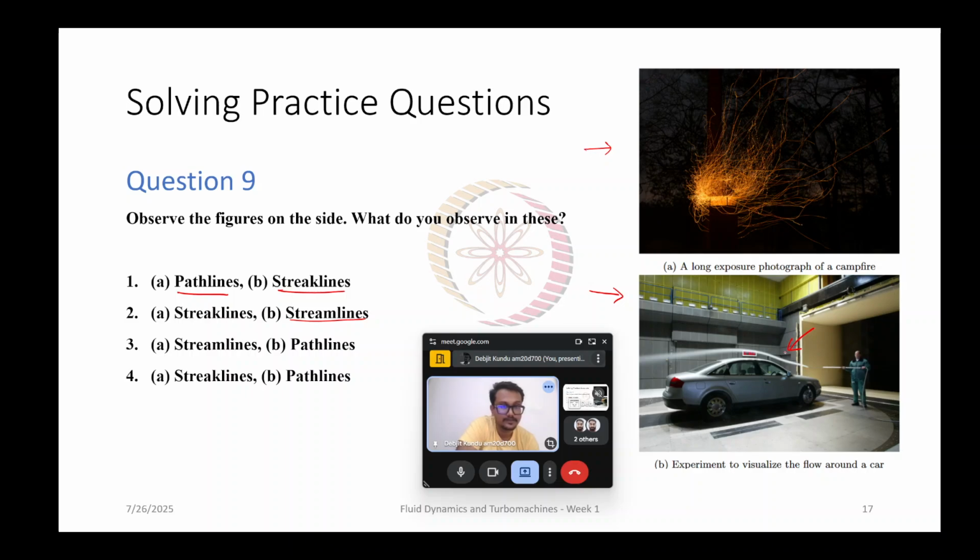So this is a second type of flow where there's smoke coming out of this nozzle over here, and that smoke sort of traces a line like that. And this is the instantaneous photograph. This is not a long exposure photograph like the first one. Here, continuous smoke is coming out and it's tracing some shape.